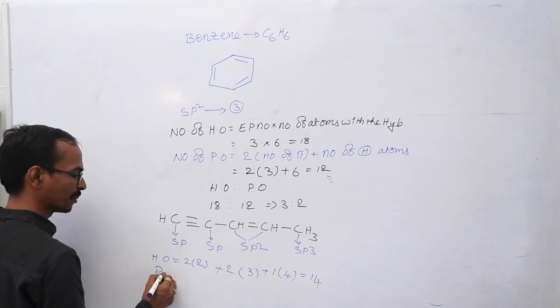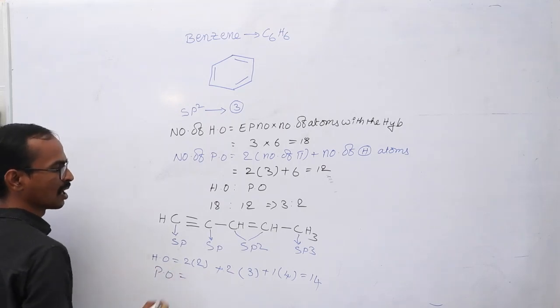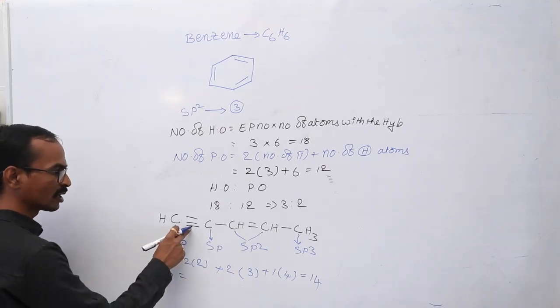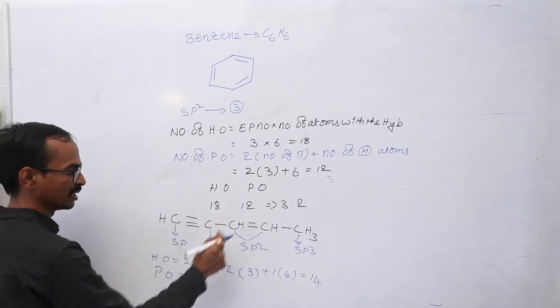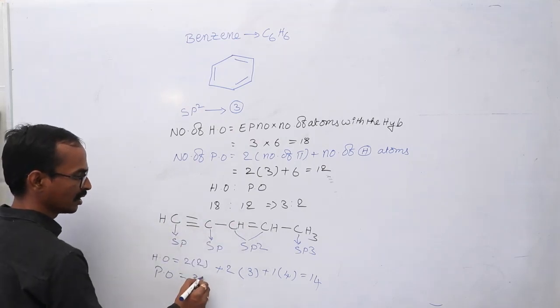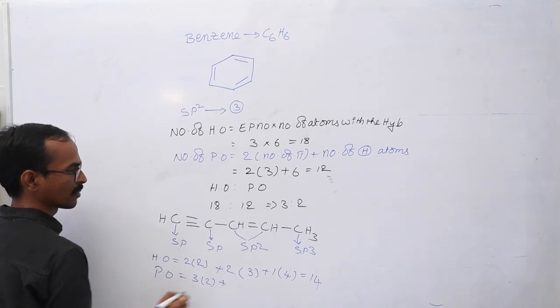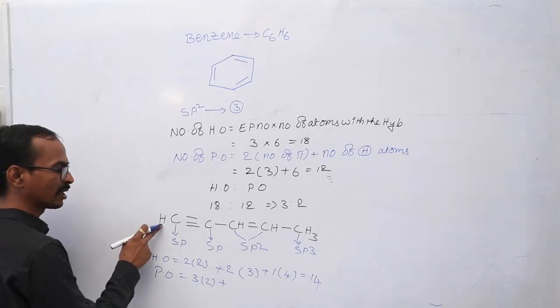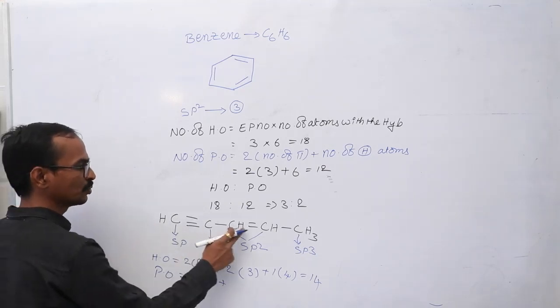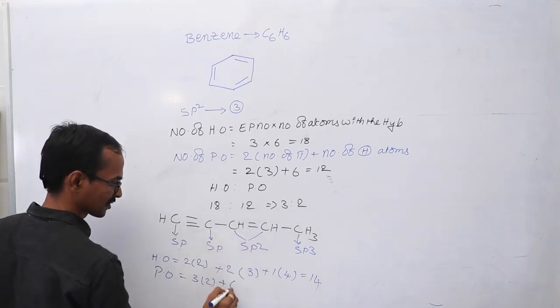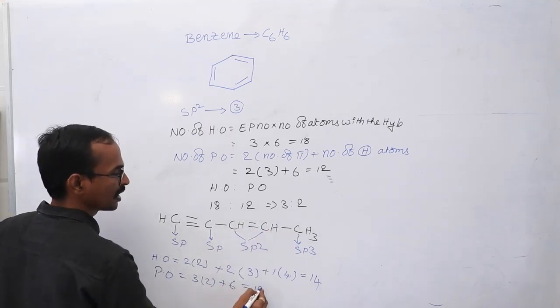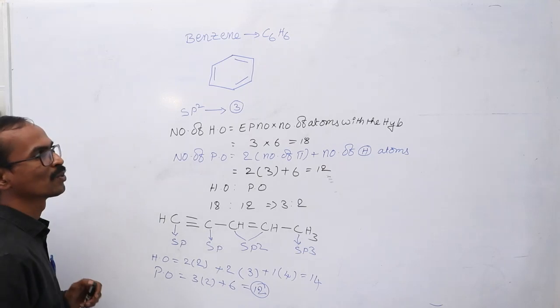And the number of pure orbitals: how many pi bonds are in this molecule? 1, 2, 3, so 3 into 2 plus the hydrogens: 1, 2, 3 plus 3, that is 6. So totally 12 pure orbitals.